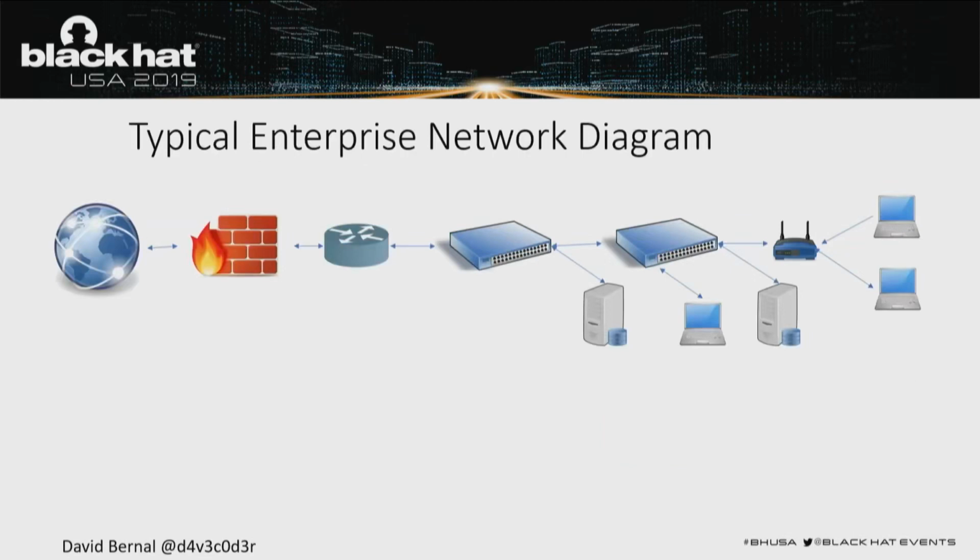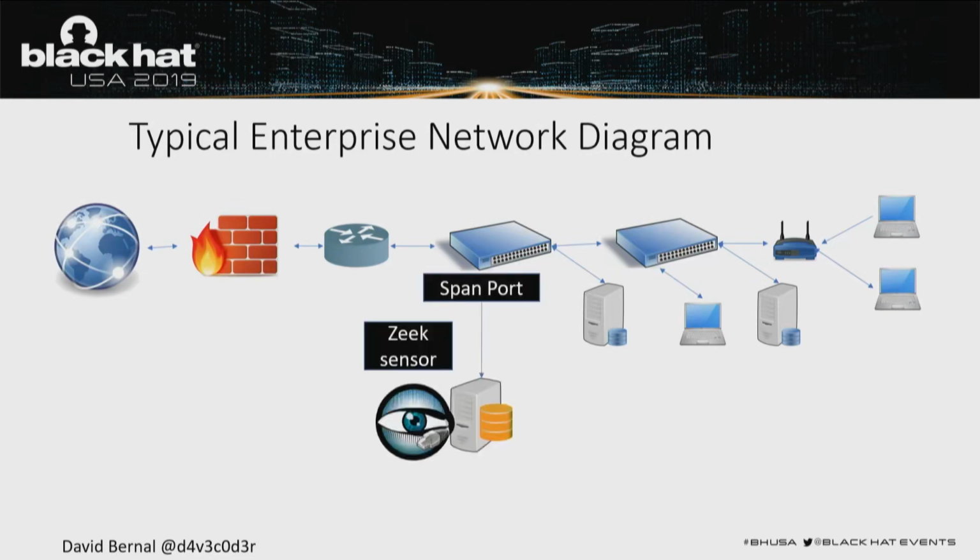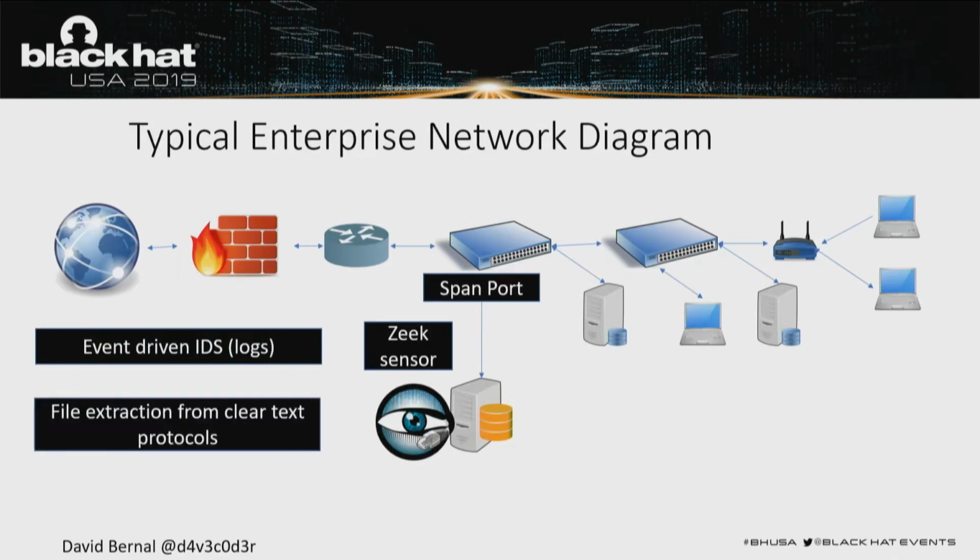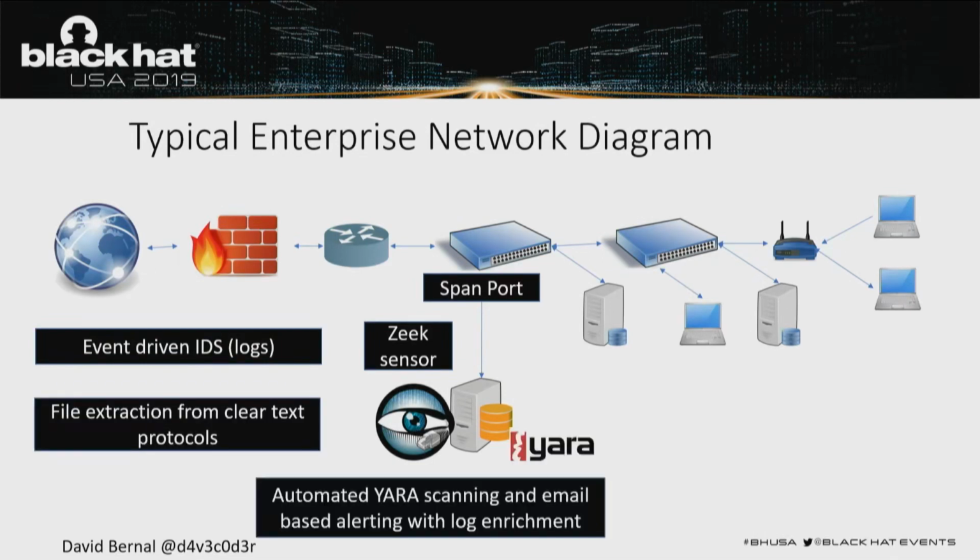So you have your typical enterprise network diagram, and you have to decide where to place a span port that could be on your core switch. Then you send that span port to your Zeek sensor, and by default you will have your event-driven IDS logs created by Zeek. But if you enable that functionality for file extraction, you will also have a lot of files to analyze.